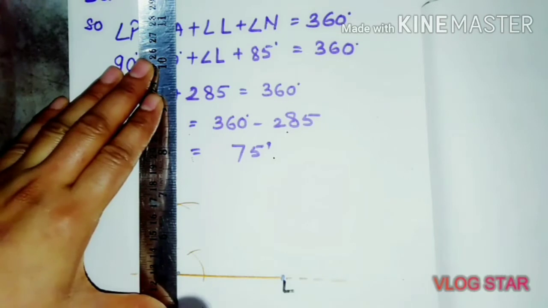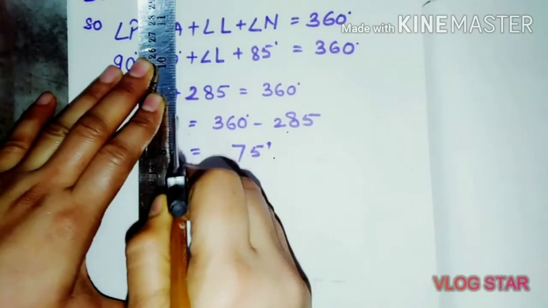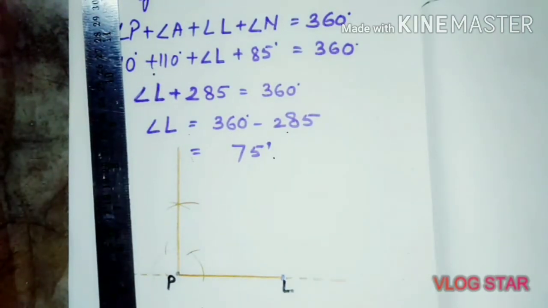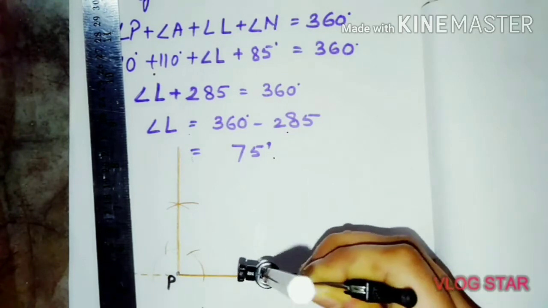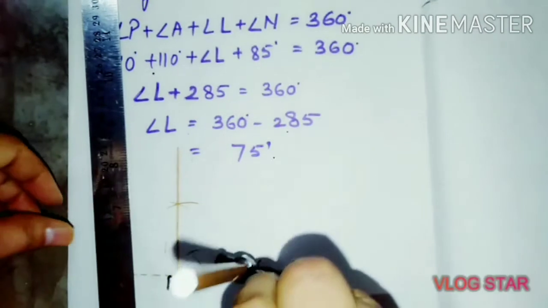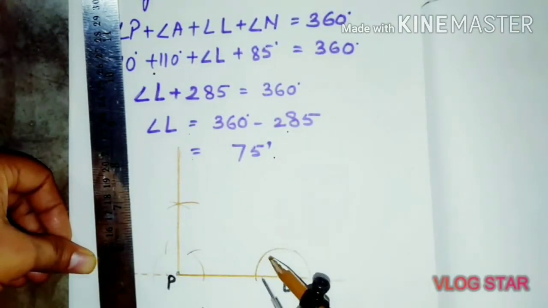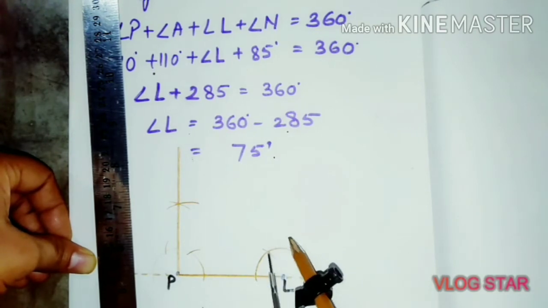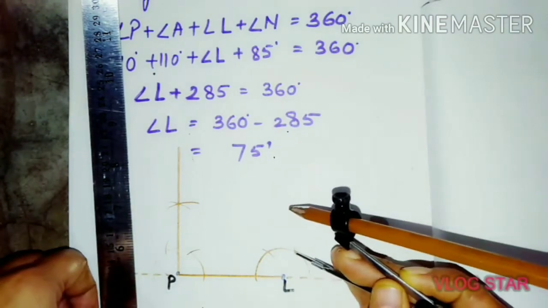Join and extend it. Then at point L you have to construct 75 degree. For 75 degree, again first you have to draw a 90 degree angle, draw a 60 degree arc, 120 degree arc, extend it.